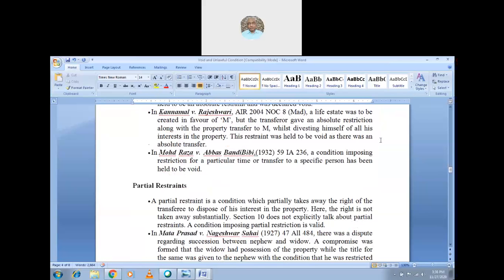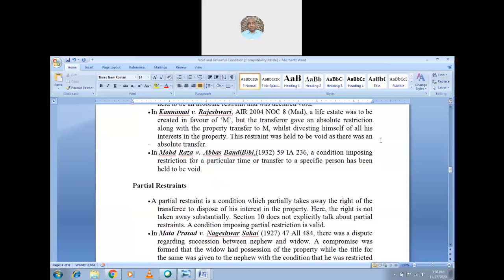But you will see another case law, that is Muhammad Raza versus Abbas Bandi Bibi. A condition imposing a restriction for a particular time, or transfer to a particular or specific person, has been held to be void.